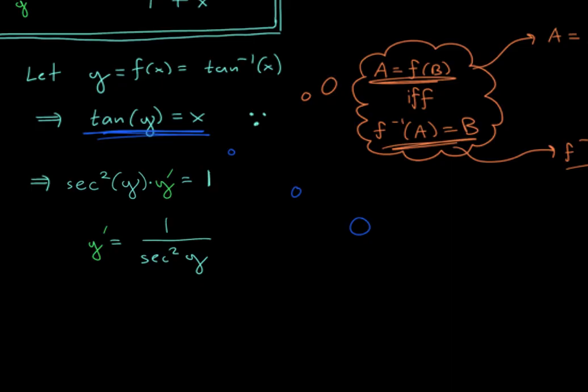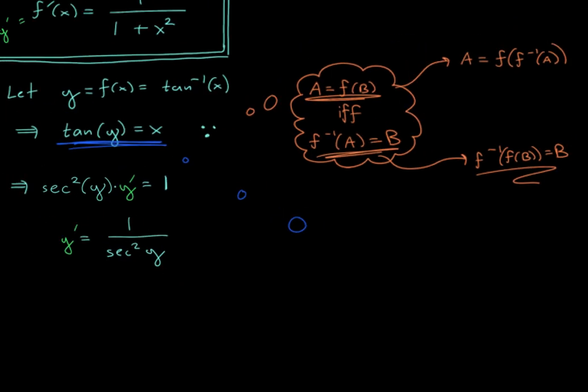So here's my thought bubble. Notice that I have tangent of y. The thing that goes on the inside of the tangent function is the angle of a right triangle. In other words, what I should do is label one of these angles by y.